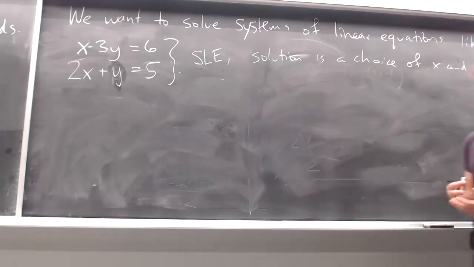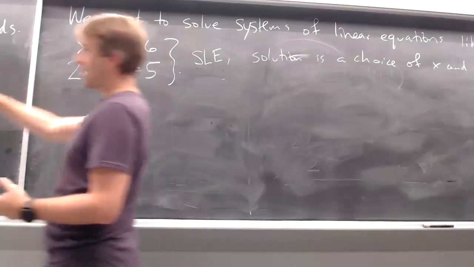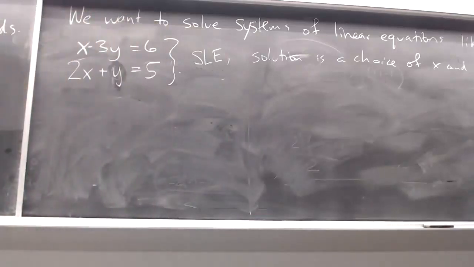Now, let's go back to this picture and think of this geometrically at the start. So I've already plotted the line corresponding to these solutions. I'm going to plot the line for those solutions. So this line is the same as y equals -2x plus 5.